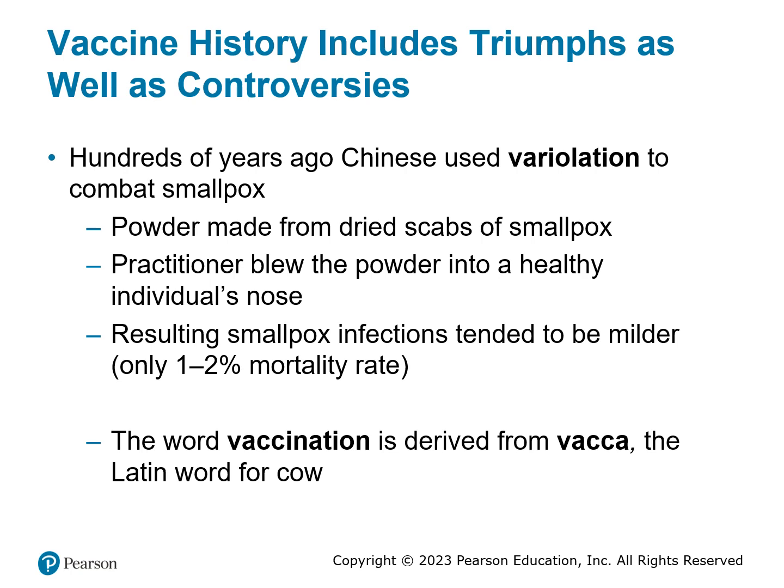So the word vaccination is derived from the word vacca, which is the Latin word for cow. Because if you remember, moving forward to the end of the 1700s, we had Edward Jenner, who had the hypothesis because milkmaids never contracted smallpox. Remember, there's a closely related cowpox.